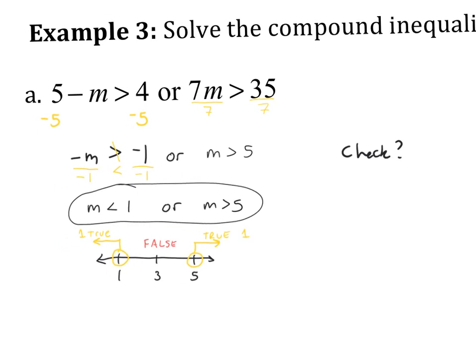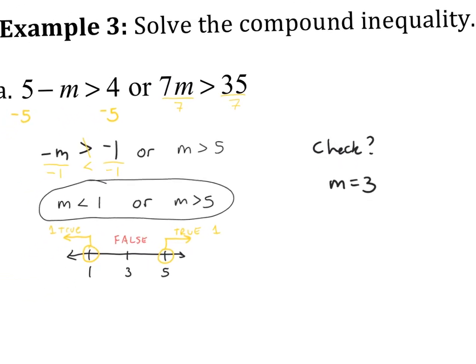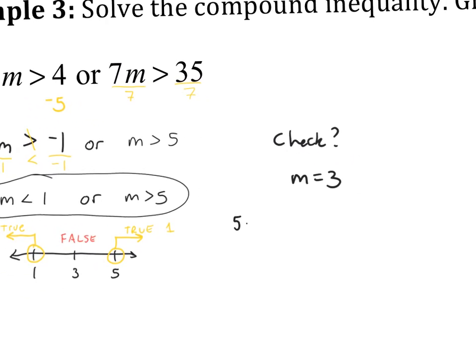But notice what I expect here. What if I select 3? I would expect 3 to be false here and false here. Whoa. So I'm actually going to do that. I'm going to check m equals 3. So I'm going to do it for both of them. So 5 minus 3 is greater than 4, or 7 times 3 is greater than 35.